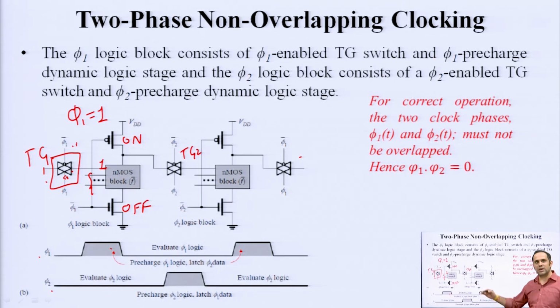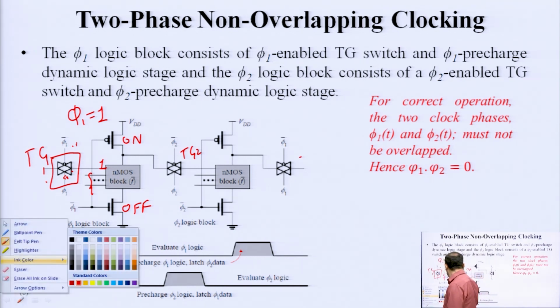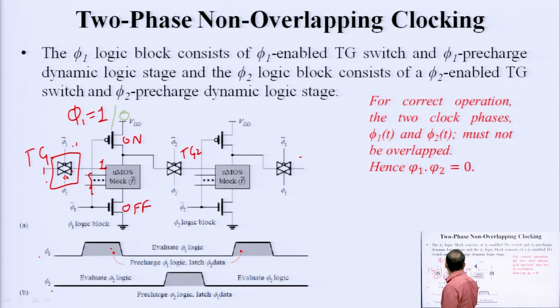Okay. So, when phi 1 is 1, phi 2 is definitely going to be 0, this switch is closed, pre-charging is taking place. When this phi 1 goes to 0, this becomes off and this becomes on. At this point, you are going to have logic 1 here. So, this is going to be on and this is going to be off.